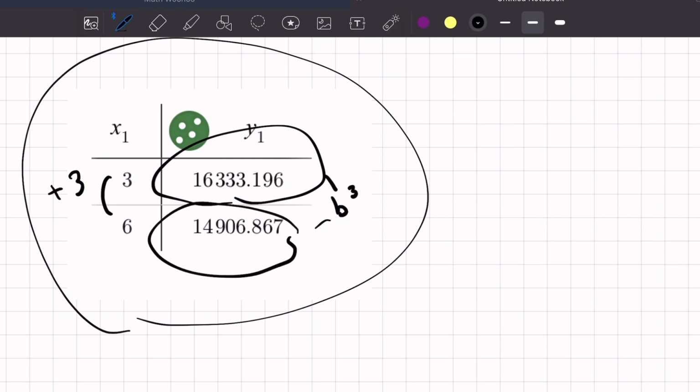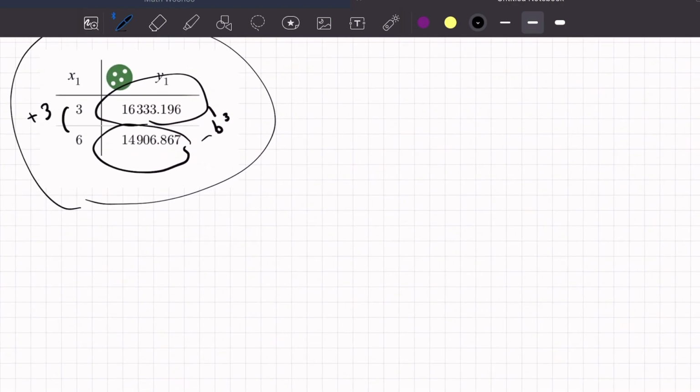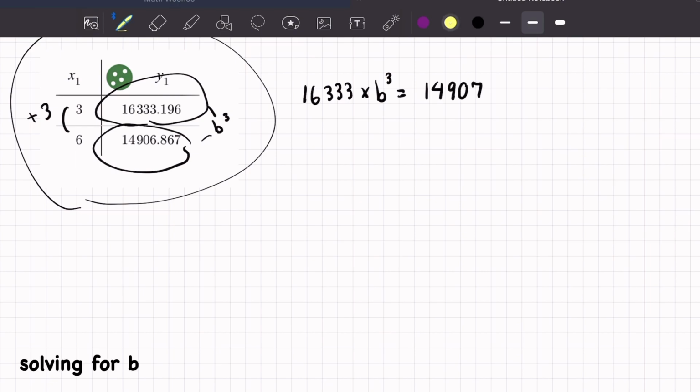So we know that 16,333 was multiplied by b recursively 3 times, so we can actually write this as an equation. 16,333 times b to the power of 3 equals 14,907, rounded up. So now we can actually solve for b.